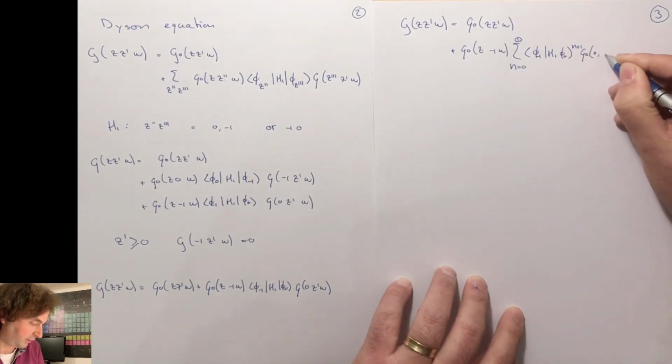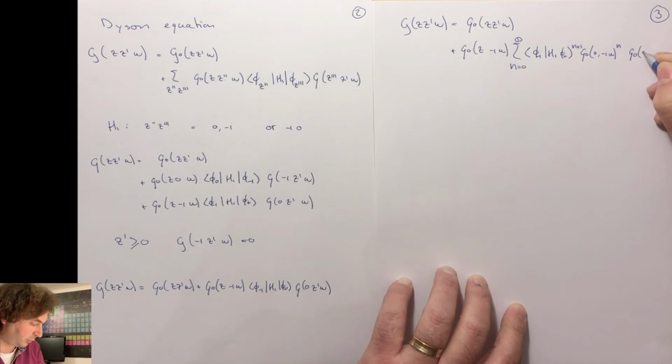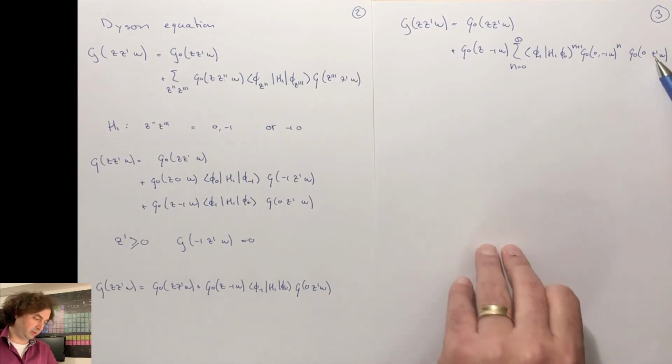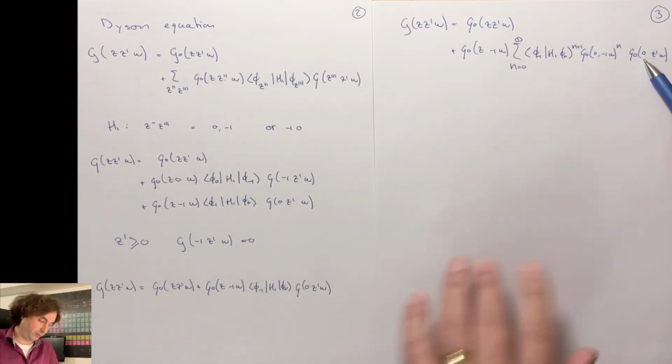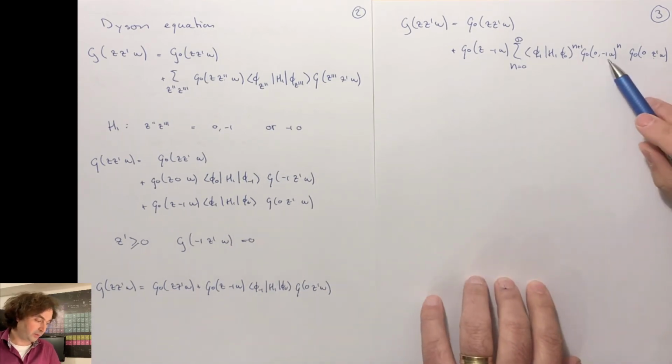We have a propagator between site -1 and 0, n times, and a propagator g0 from z prime to omega. So in our infinite chain we create a particle at z prime, we propagate to 0, which is on the right side of the impurity.